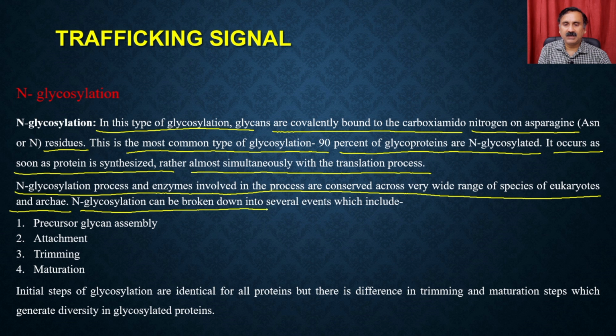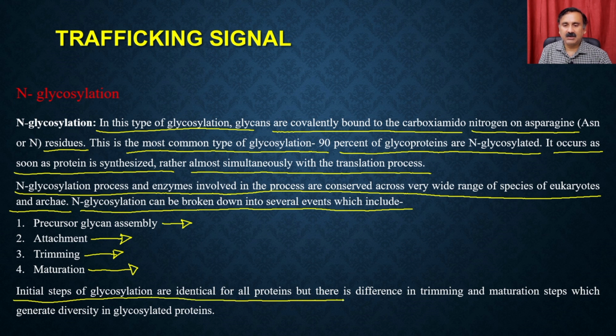N-linked glycosylation can be broken down into several events. So how is N-linked glycosylation going to happen? The first event is precursor glycan assembly. Then you have the attachment. Then you have the trimming, which means doing the final adjustments, and then there will be a maturation. The initial steps of glycosylation are identical for all proteins.